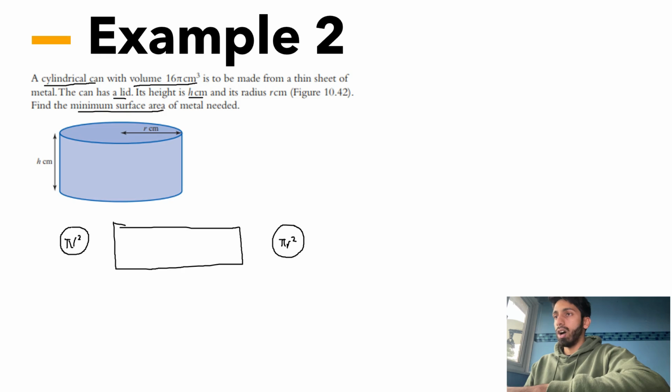Okay, so we can see the height. This rectangle is the cylindrical metal extended out. So we can see that the height is h centimeters. Now, in terms of its length, we imagine what its length will be because we've flattened it out. So the length will actually be the circumference of the circle, as you can see here. The circumference of a circle is 2 pi r.